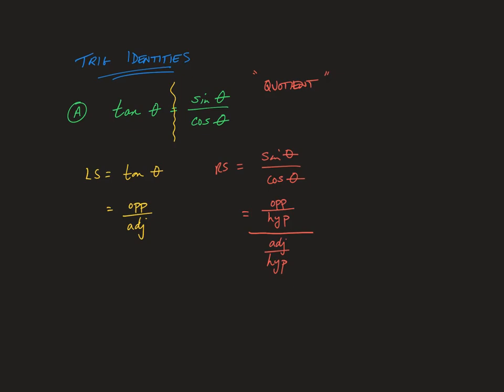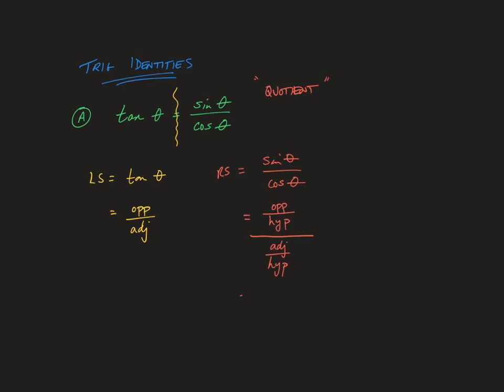And I can actually simplify that, because I know that to divide fractions, I can flip and multiply. And as I multiply by that reciprocal, I also notice that I'm going to have a common factor of the hypotenuse that could divide out. And when I simplify that, I get the opposite over the adjacent.